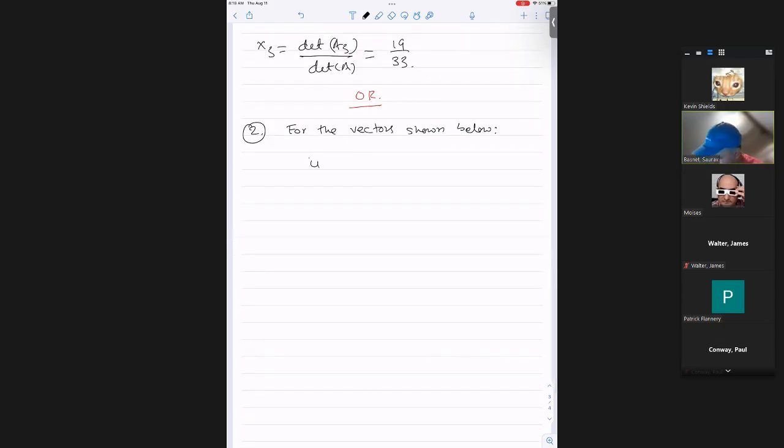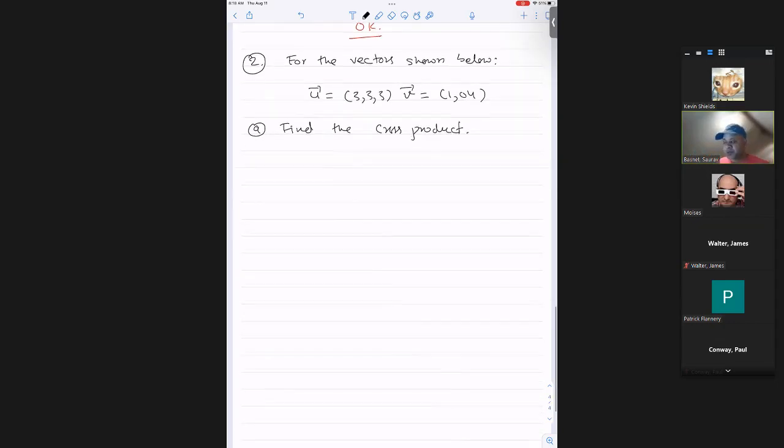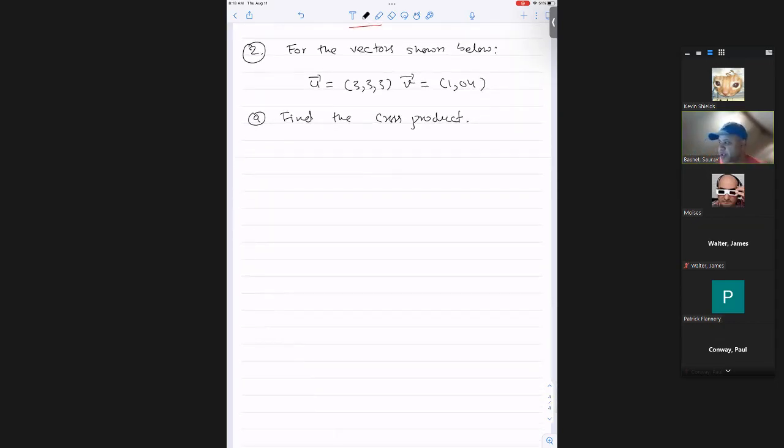You have u vector, like say 3, 3, 3, and you have v vector 1, 0, 4. A, find the cross product.